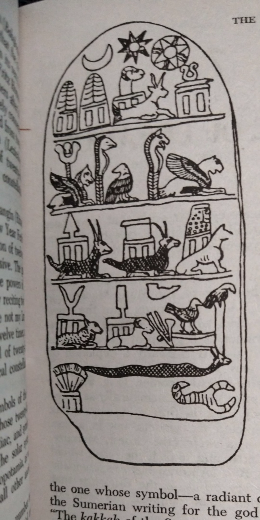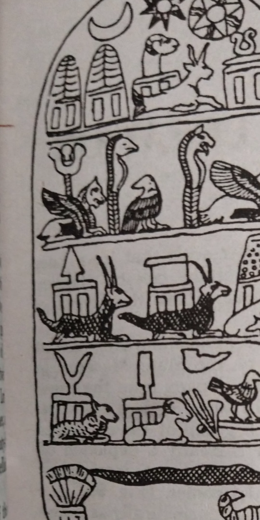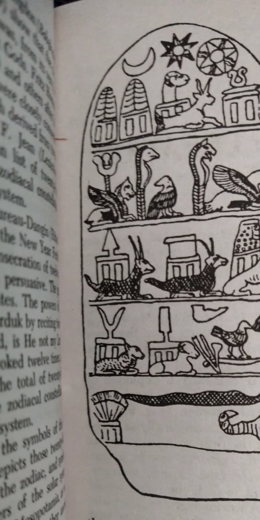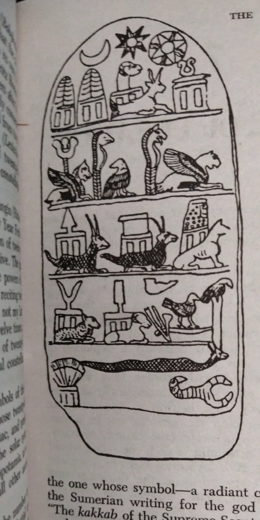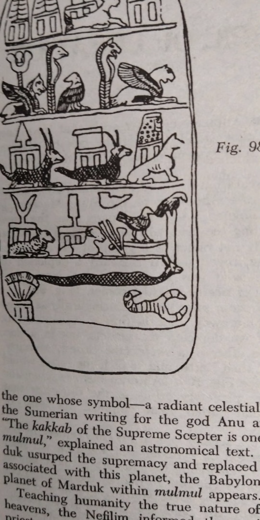And each of these temples behind the animals there is the constellations of the zodiac, each with their representative animal, and the planets in our solar system.